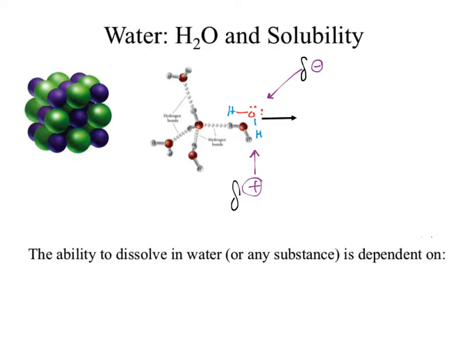If we look right at the middle part, you'll notice we're taking the partial positive of one hydrogen and associating it with the partial negative of that oxygen. Those are now interacting strongly, so strongly that they're actually showing some kind of connectivity there. You'll notice they're not showing a solid line. Why not?